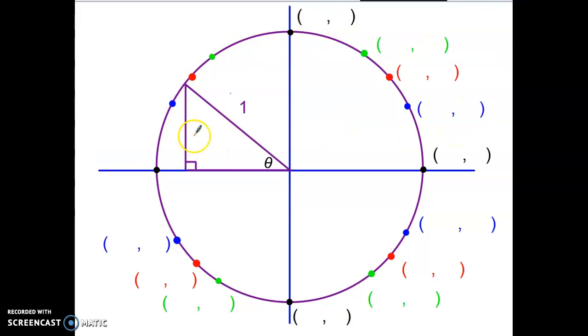Okay, let's move over into the second quadrant. Going back to my angle theta, cosine is adjacent over hypotenuse. Adjacent in this case is going to be negative. You can see I'm on the negative part of the x-axis. So cosine is going to be negative. Sine is opposite over hypotenuse. Well, this is positive, just like the y-axis is positive. So sine is going to be positive.